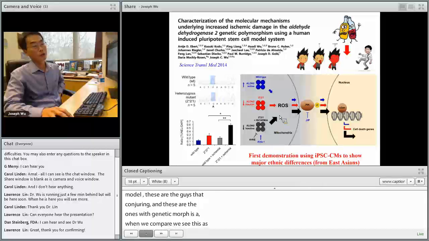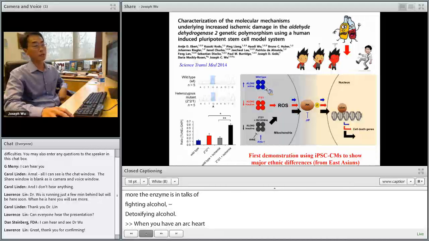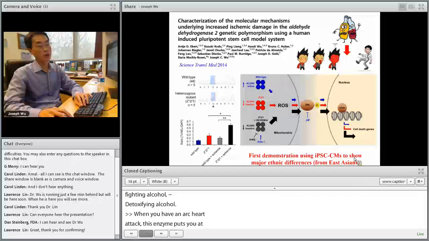It's also involved in detoxifying ROS, reactive oxygen species. Now you can imagine that when you get a heart attack, you're going to have tons of ROS being activated, and lacking this enzyme would put you at a disadvantage compared to patients who have this particular enzyme. So this is a demonstration using iPSC cardiomyocytes to show major ethnic differences, in this case, East Asians.